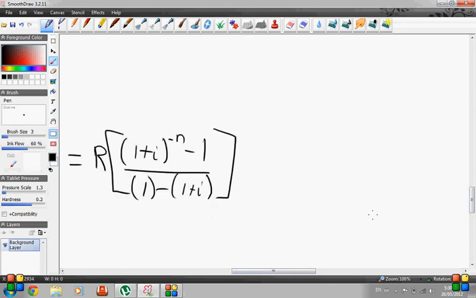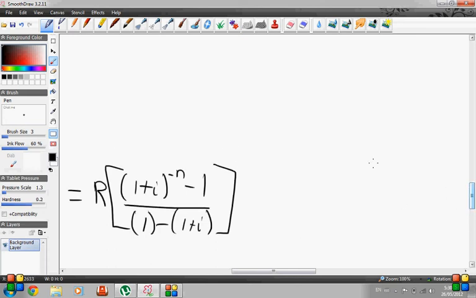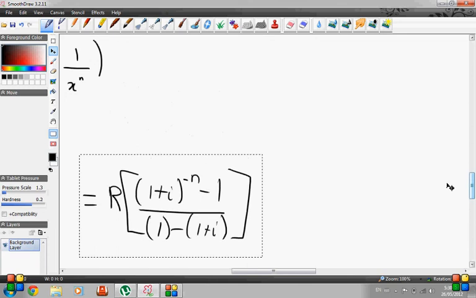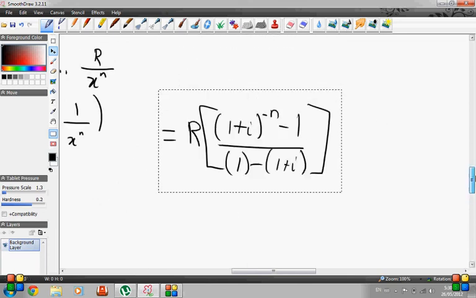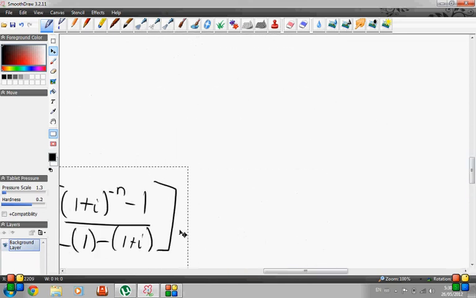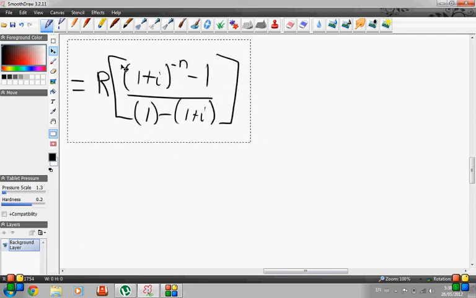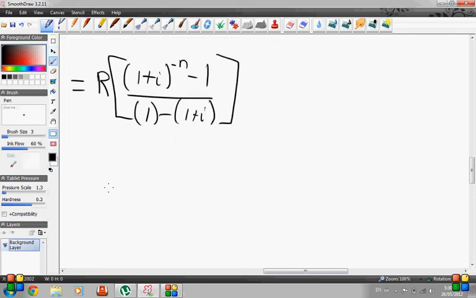This is a little messy. Let me try moving it up a little bit so that it's easier to follow. There we go. So let me just move this up here. There. So let's simplify the denominator.